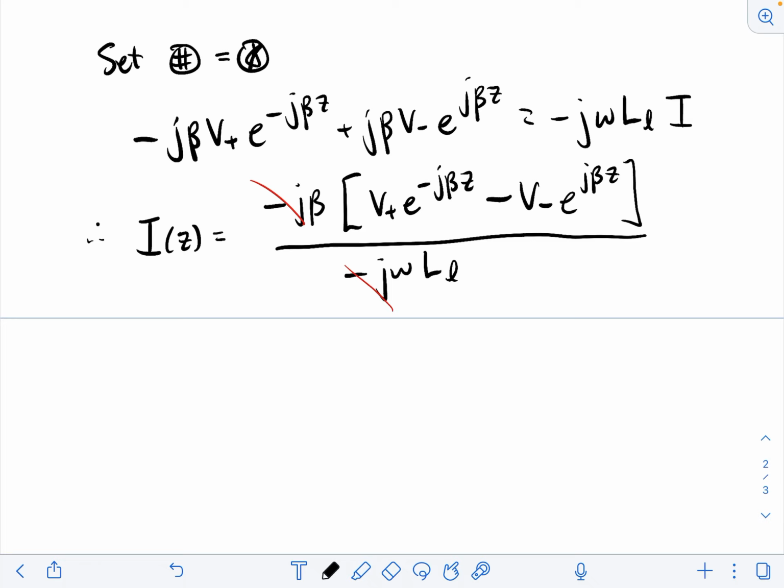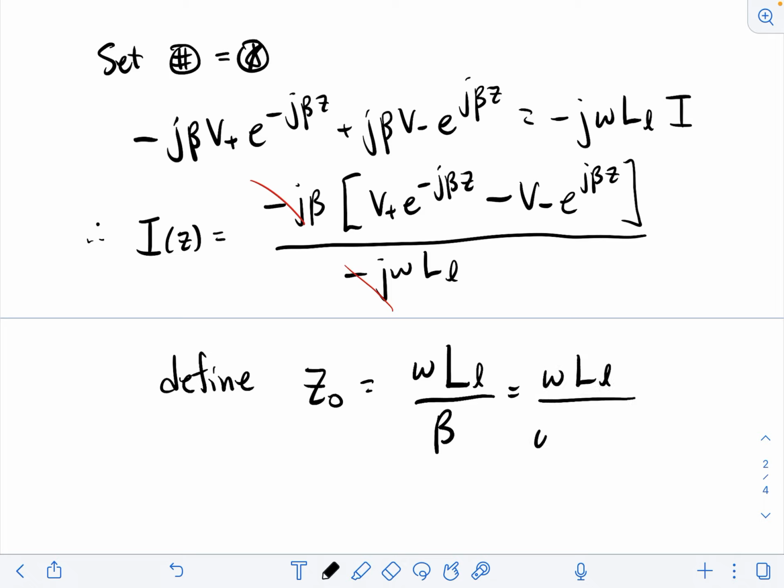Before we write down that current amplitude, I'm going to define Z naught is equal to omega times the inductance per unit length divided by beta. But we know that beta is equal to omega times the square root of inductance per unit length times capacitance per unit length.